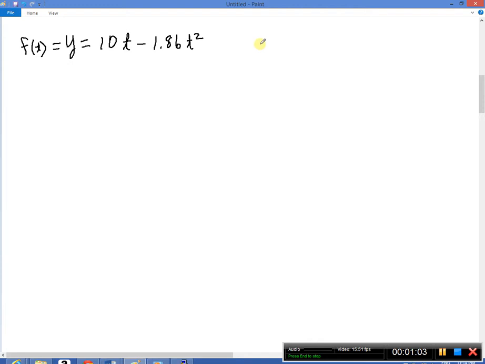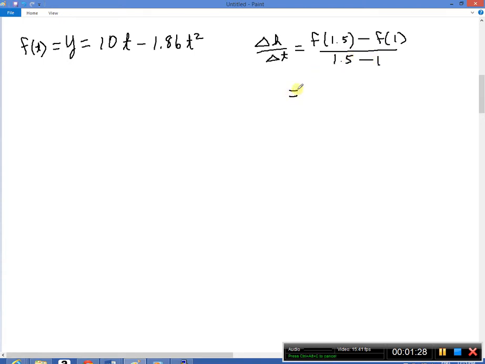So what I really need to do is calculate the change in height over the change in time, which in this case is what f does at time 1.5 minus what f does at time 1, divided by the difference between the two times, 1.5 minus 1.